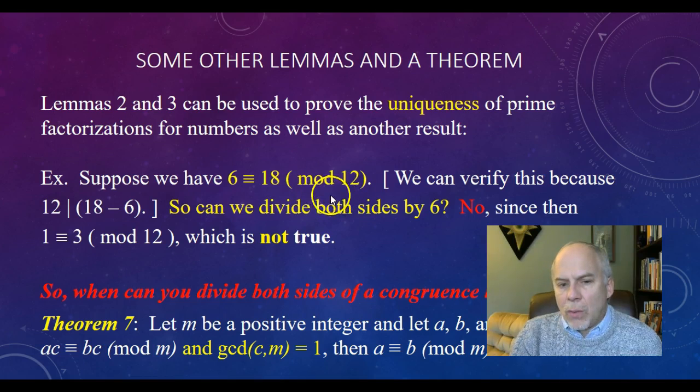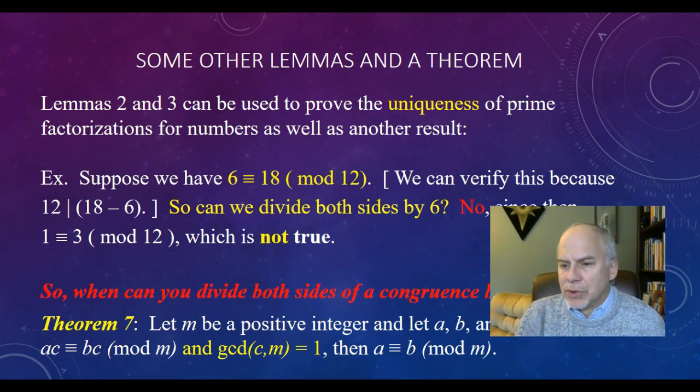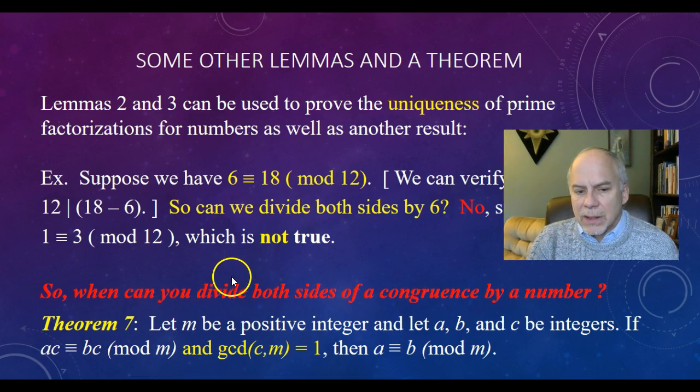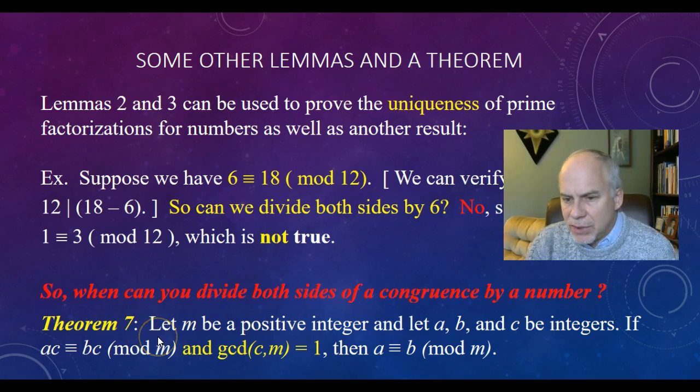Okay? Well, what are the cases where you could divide both sides by a number? What enables you to divide a congruence on both sides? Well, theorem 7 tells you the case that you can. Let m be a positive integer, and let a, b, and c be integers. If ac is congruent to bc mod m, and here's the key, the greatest common divisor of c and m is 1.